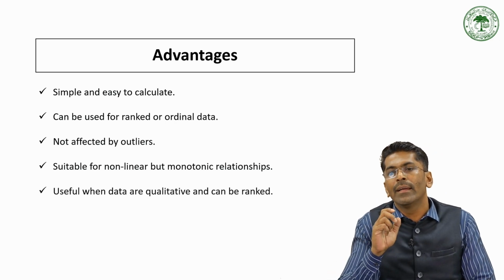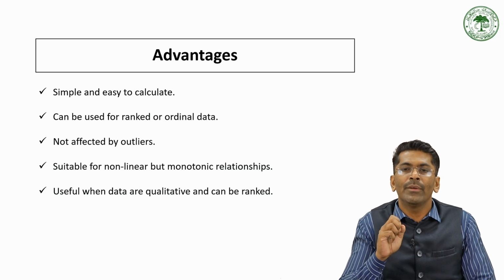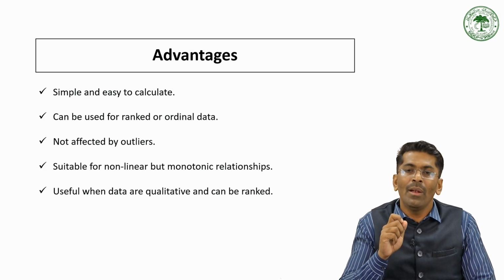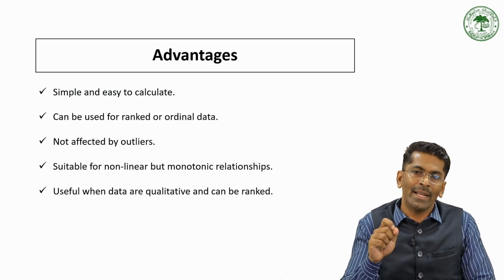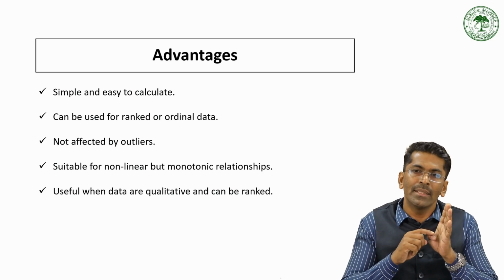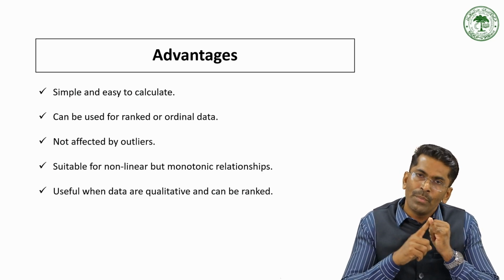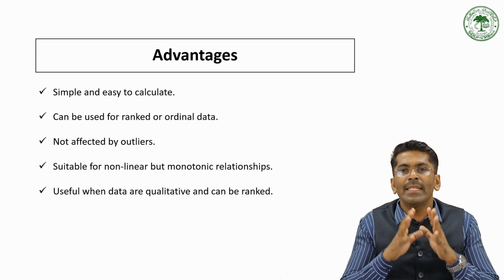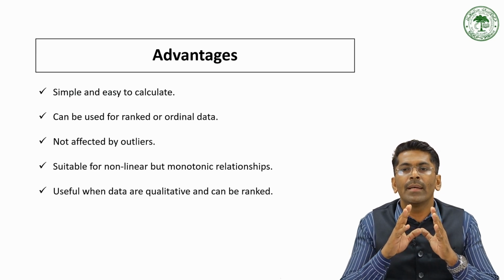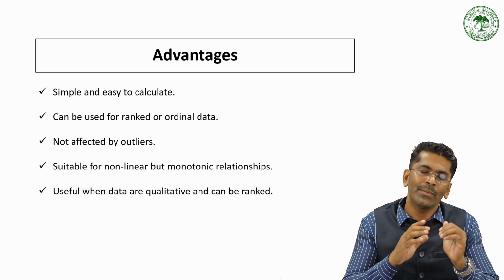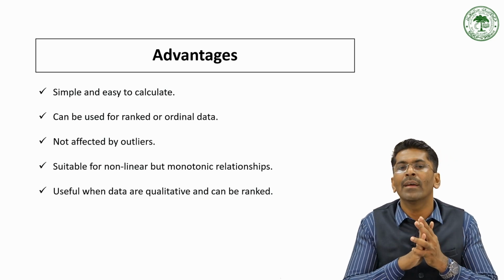And finally, the Spearman correlation is especially useful when we are dealing with qualitative data that can be logically ranked, such as preferences, satisfaction, level of income, level of education, and performance rating. In such cases, it is a versatile tool for social science, education, and behavioral researchers.